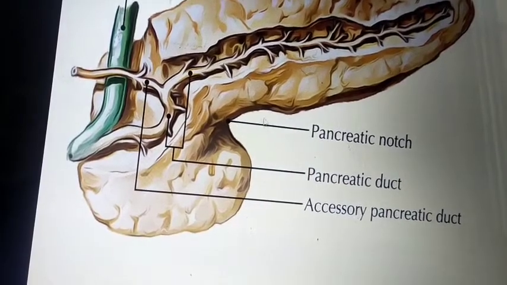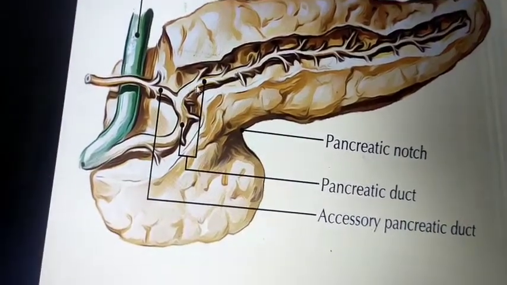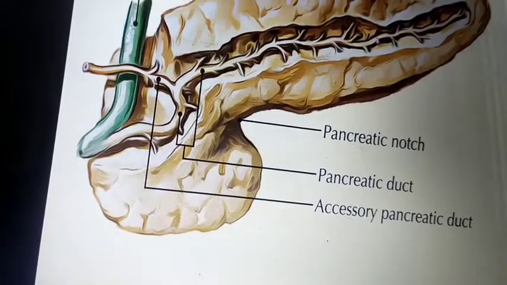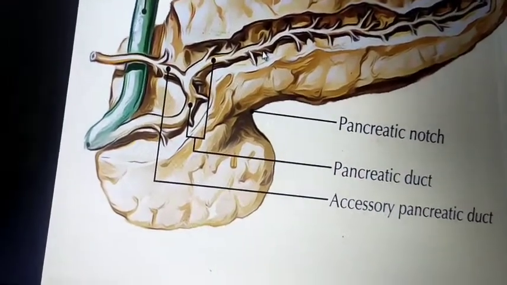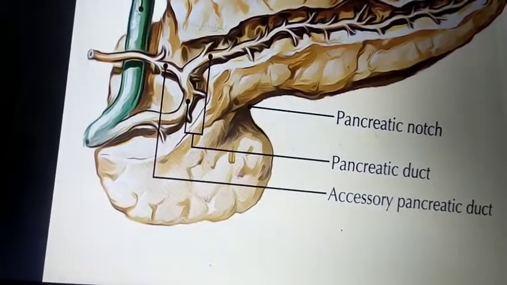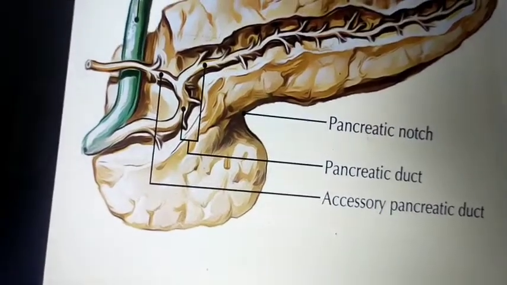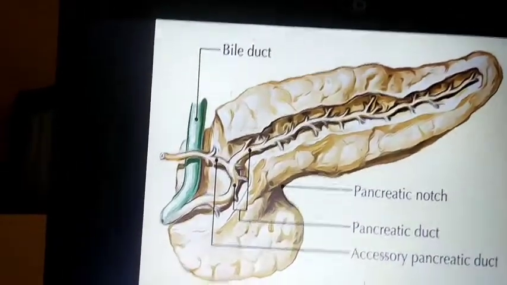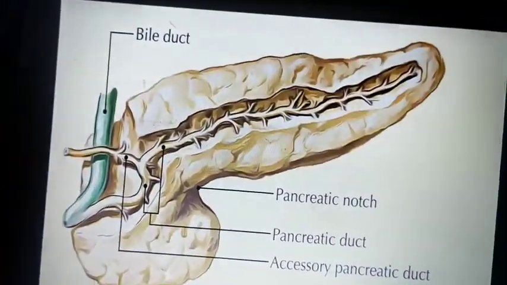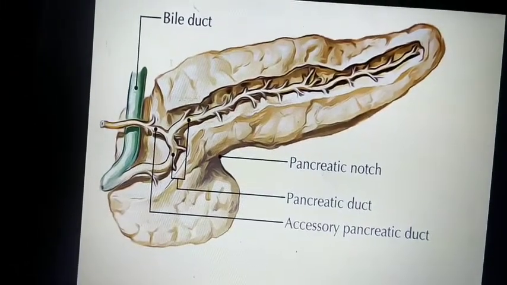That notch is the pancreatic notch, and this is the main pancreatic duct. It looks like a herringbone pattern. It is also called the duct of Wirsung. And this is the bile duct, and the bile duct and pancreatic duct join together.